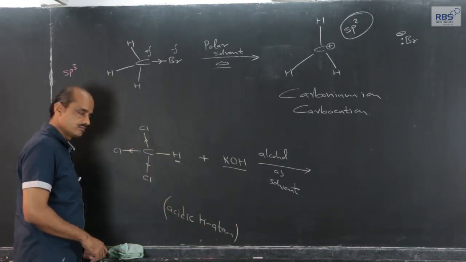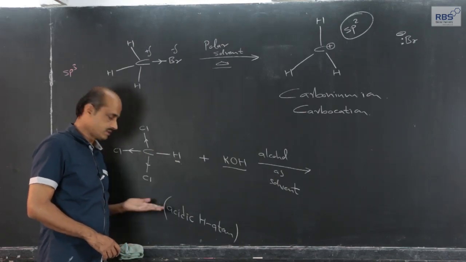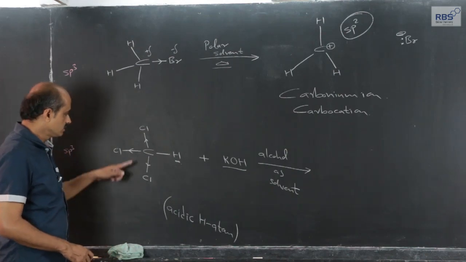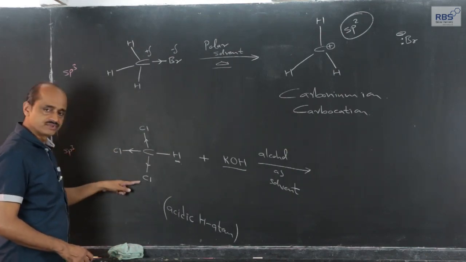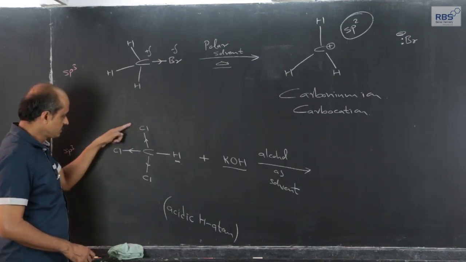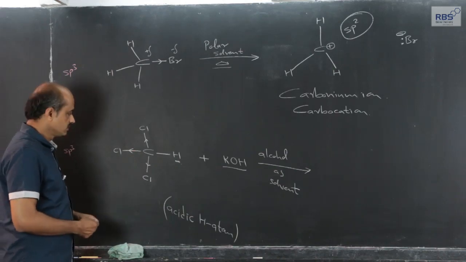Chloroform is not acidic, but hydrogen covalently bonded to carbon in chloroform is called acidic hydrogen, because these 3 chlorine atoms are more electronegative than carbon. These 3 chlorine atoms pull the electron density away from carbon.